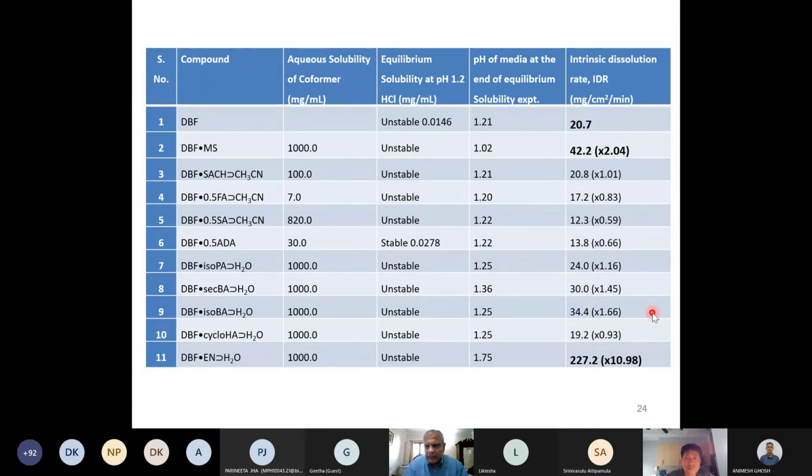We go to the last row, which is 227 for the ethylene diamine hydrate, which essentially is about 10 times that of the API and 5 times that of the mesylate salt. The others are either lower or higher relative to the API, and we don't worry about them for the time being.